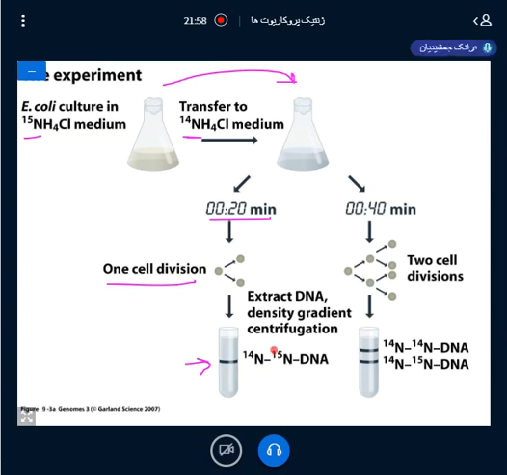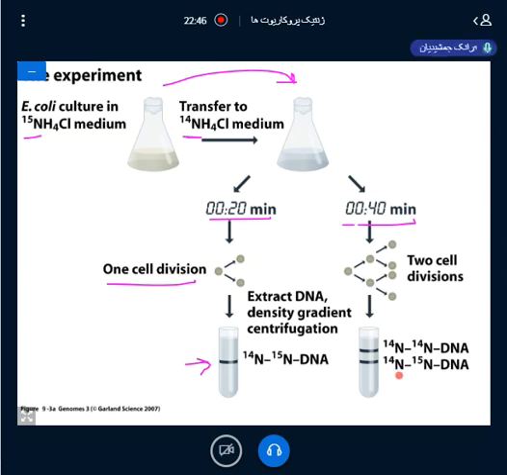Okay, and after 40 minutes, which means we have two cell divisions, they extracted the DNA and transferred it to the density gradient centrifuge, and they showed two bands. One band is a combination of 14-15, and one band is a combination of 14-14, meaning new DNA, and one combination of new and old DNA.